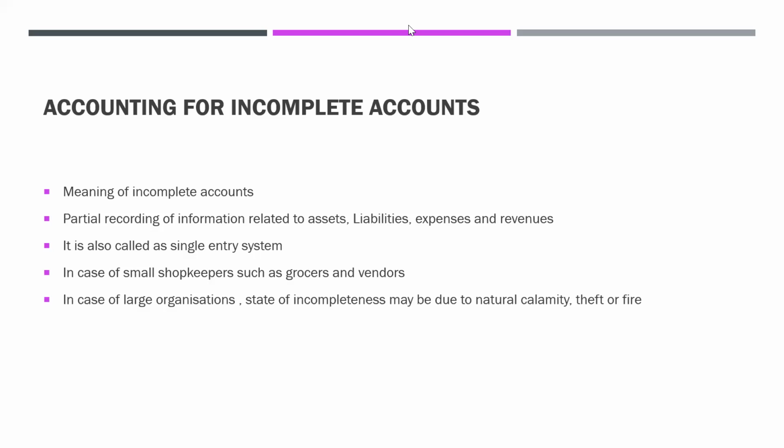In case of a large organization, the state of incompleteness may be due to a natural calamity, theft, or fire. Even in large organizations, there may be incompleteness in the accounts, but it will not be intentional. It will be unintentional.